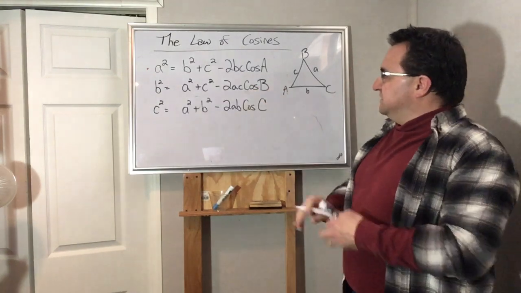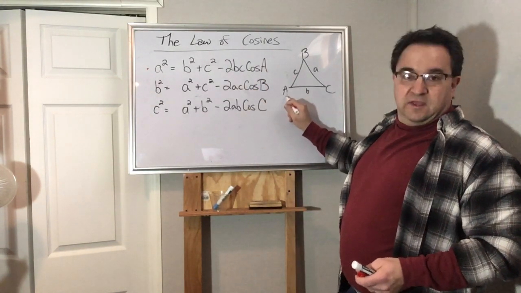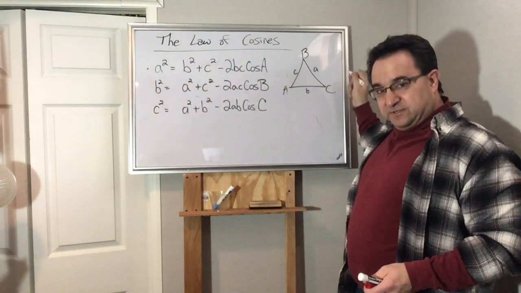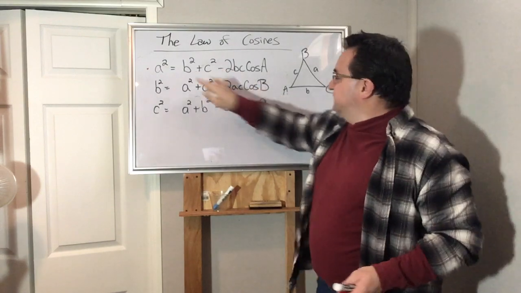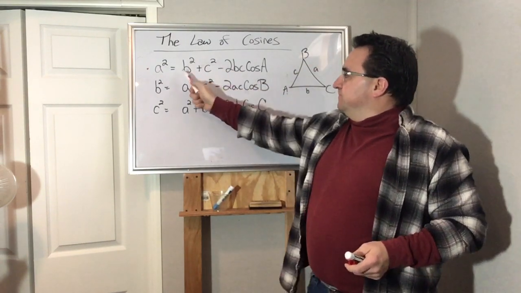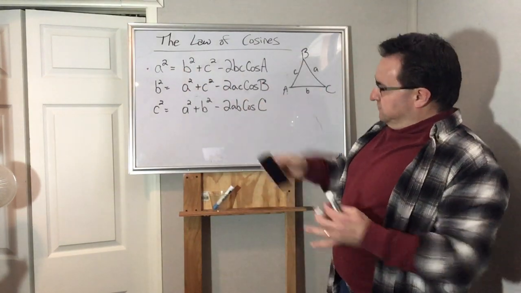So really what we're seeing here is you focus on the angle you're interested in, and then this letter over here, that is the side opposite the angle, and then these two would be the other two sides in any order. Let's just run through an example. So notice the pattern.